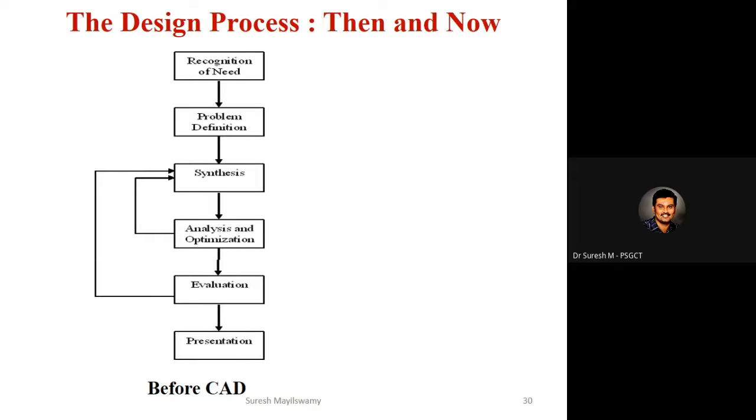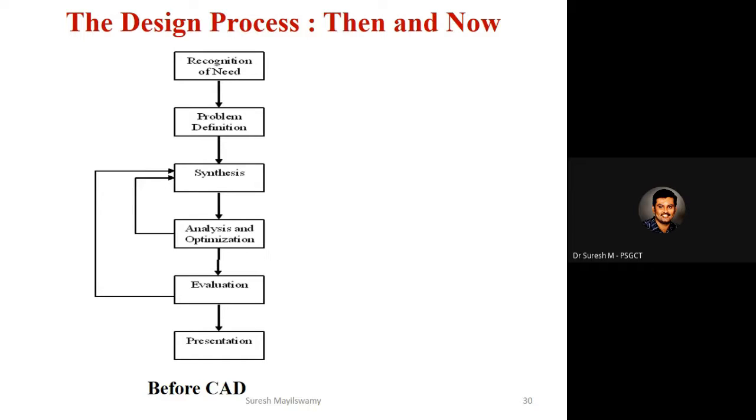So here synthesis is the process of developing many possible solutions. After developing many possible solutions, we will narrow down to a single solution. That is taken care of by the evaluation stage. Then in the analysis and optimization stage, we can do the analysis on all the developed designs.